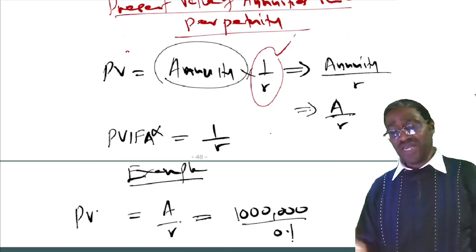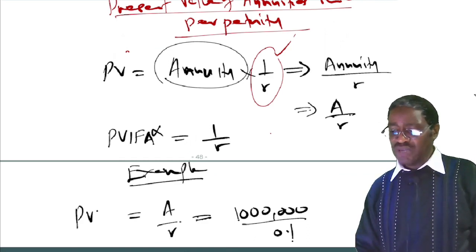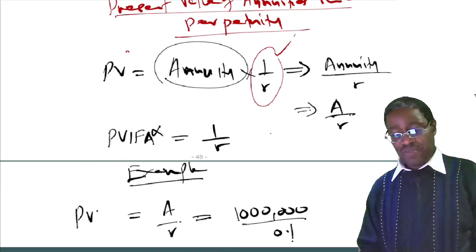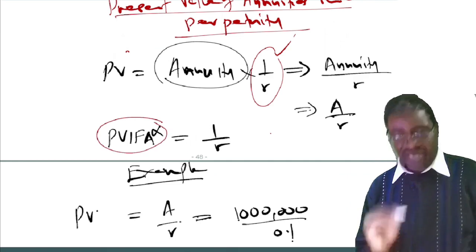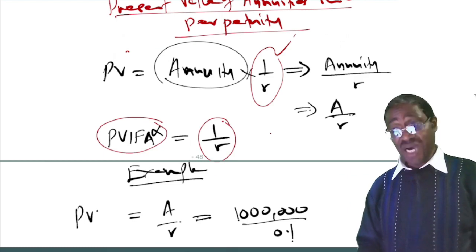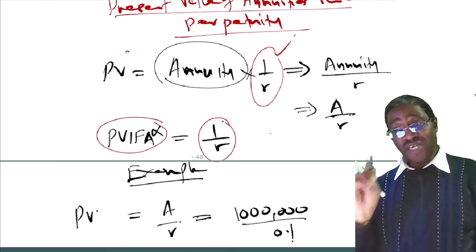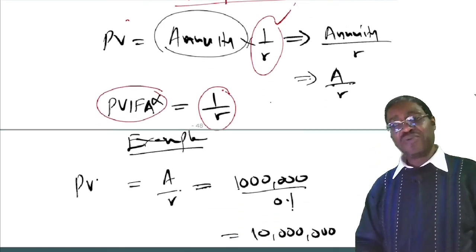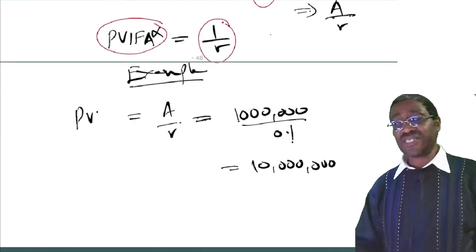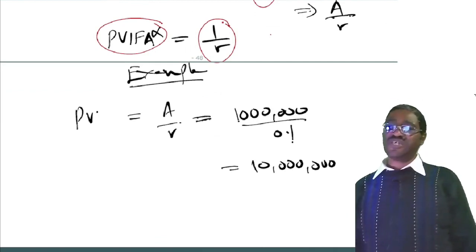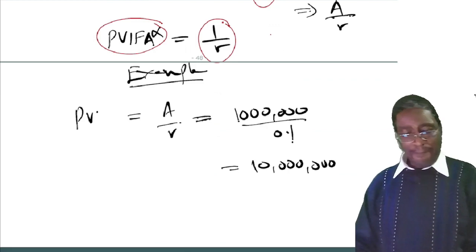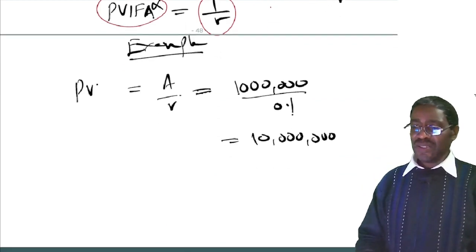So the final answer is the same as taking the annuity times R divided by R. But the present value interest factor is given by 1 divided by R. That's important. Then when you multiply by the annuity, now you get the present value. I hope you are getting that point now. Good. Now listen again.